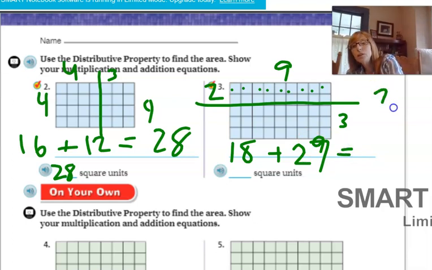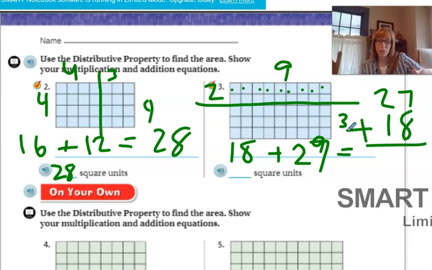So now I got to do some math. 27 plus 18. Now I know I'm going to be regrouping, so I have to line it up and do it the correct way. So 7 plus 8 is 15, carry the 1. So 2 plus 2 more is 4. So hopefully you got 45, whether you did horizontal or vertically.